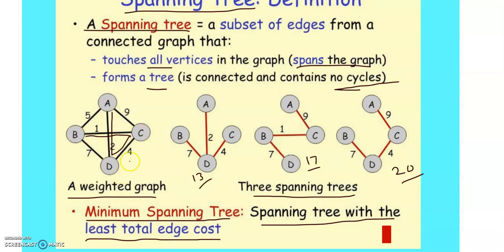So 2 plus 4 6, 6 plus 1 7. The total weight is 7 for this spanning tree. So this is minimum spanning tree.